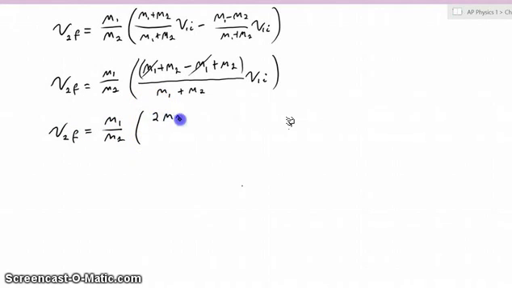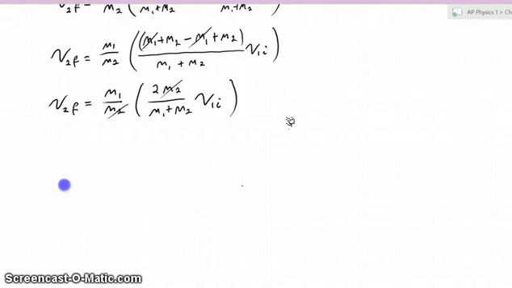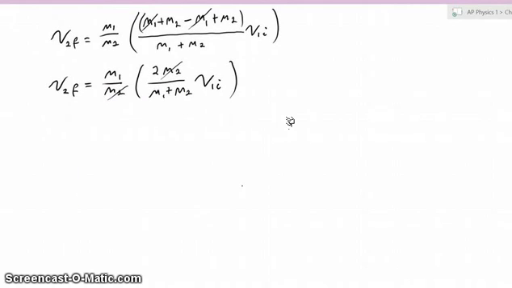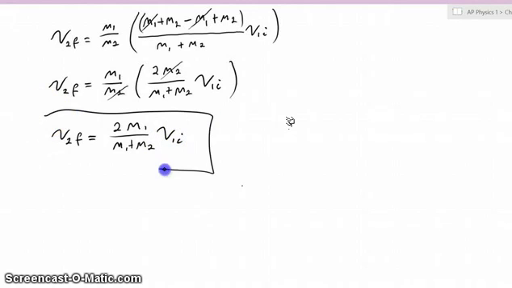We'll have 2m2 over m1 plus m2 v1 initial. And then we can finally cancel out with the fraction that was sitting out front. And we'll get v2 final is equal to 2 m1 divided by m1 plus m2 v1 initial, and that's our second equation.